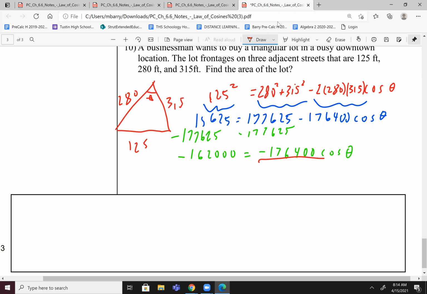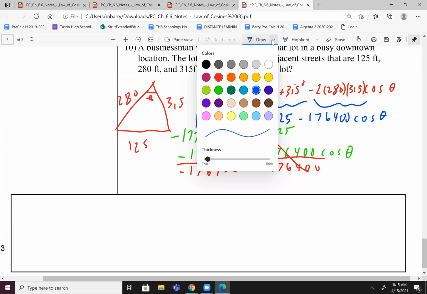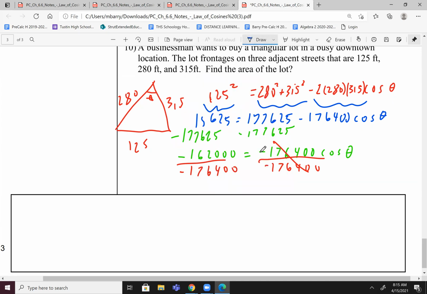Okay, I'm going to now divide over the negative 176,400. And I have cosine theta equals this fraction.